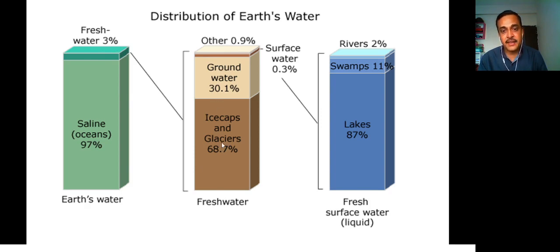Then in the third bar diagram, we are taking only the surface water, which is 0.3%, and the distribution of this surface water.